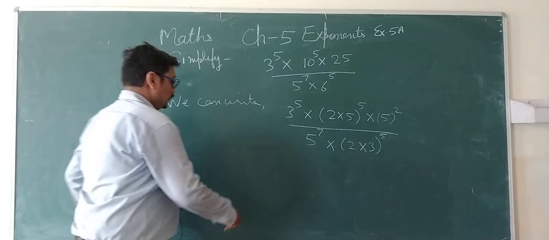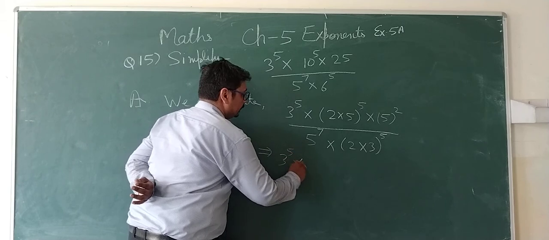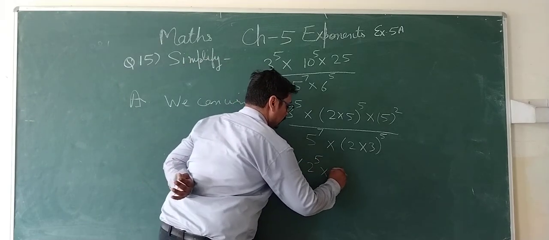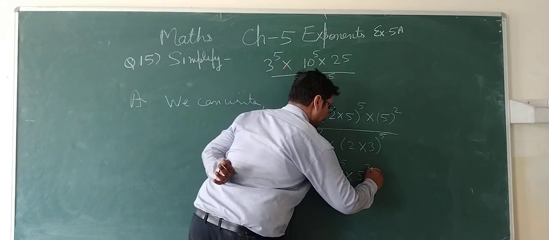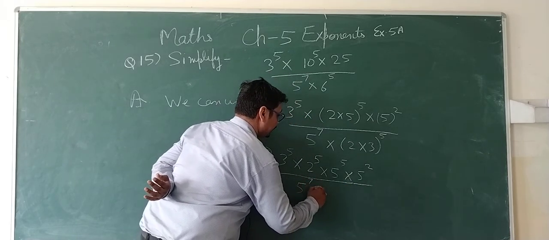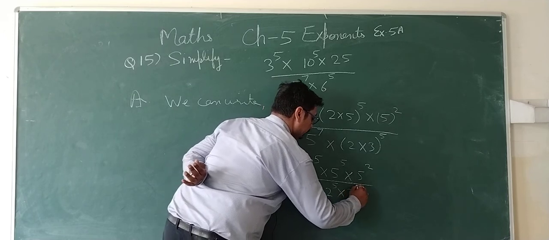Now we can write this as 3^5 × 2^5 × 5^5 × 5^2 divided by 5^7 × 2^5 × 3^5.